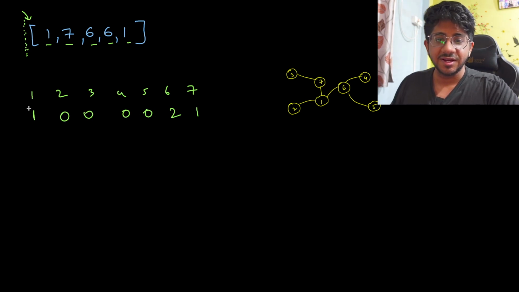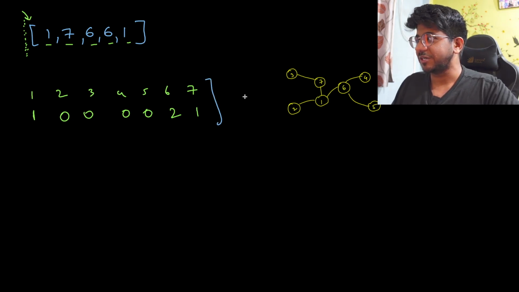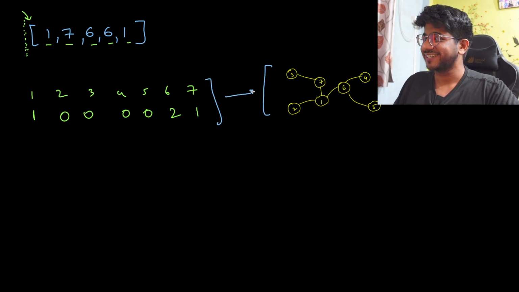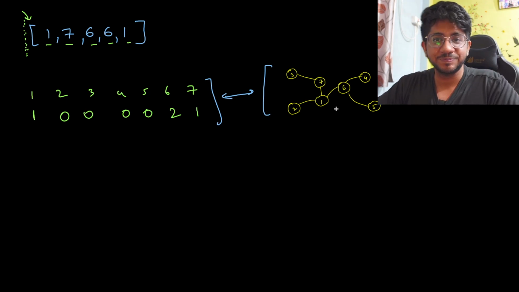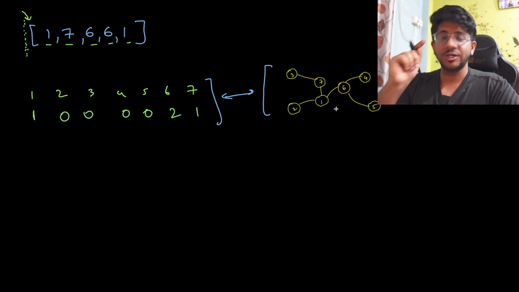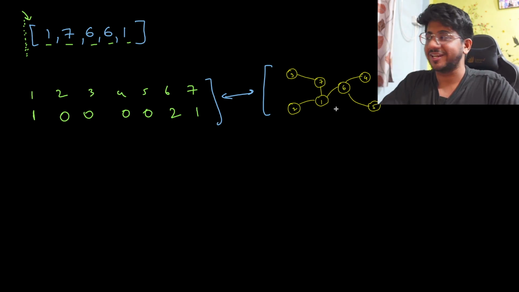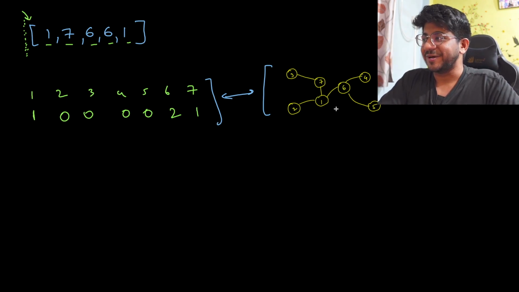Okay. Do you see a very interesting property over here between this graph and this over here? All those things which are 0 are actually leaves over here. This is actually a property of Prufer code. We will explore this in the next slide, but this is what it boils down to.